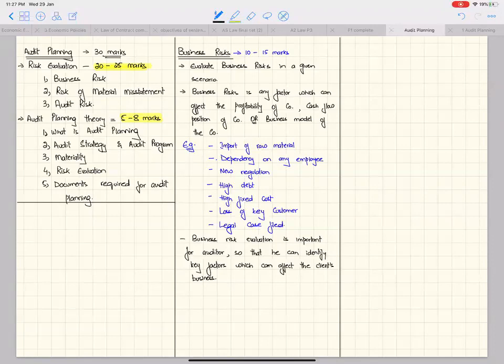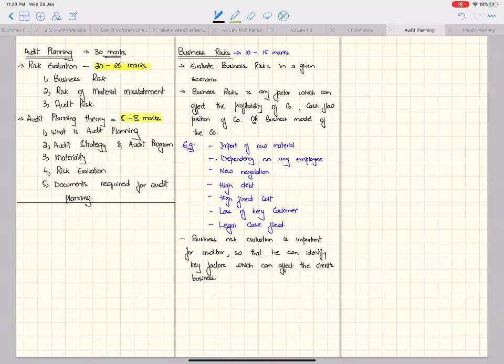So what is business risk? It is any factor which can be harmful for the business of the client, harmful for his cash flows. And these factors will ultimately affect his going concern position, and they may lead to impairment reviews. Okay. So being an auditor, it is very important for me to gain an understanding of the client's business, his environment, and the risks faced by his business, so that during the audit, I can identify the factors which will lead to an impairment review or a going concern review.